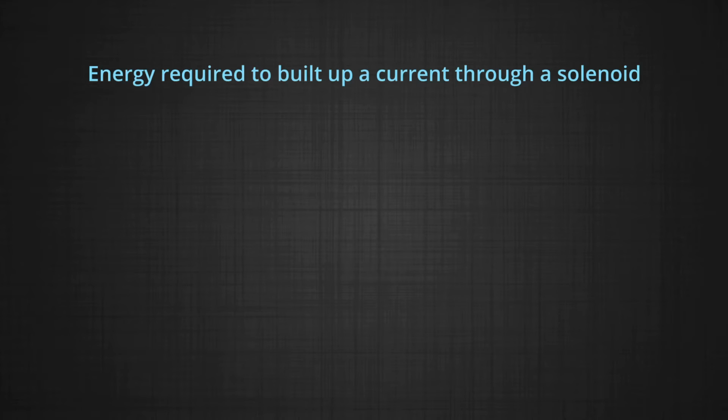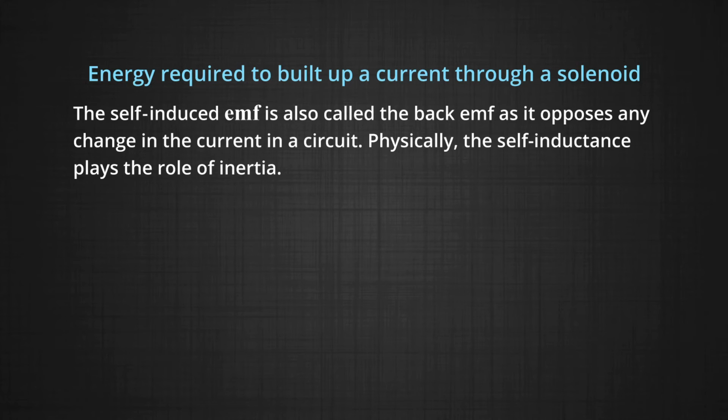Now, the energy required to build up a current through a solenoid. The self-induced EMF is also called the back EMF, as it opposes any change in the current in the circuit. That means that as the current is trying to grow through the circuit, the back EMF is trying to pull it back.